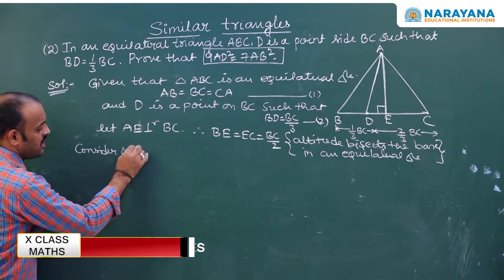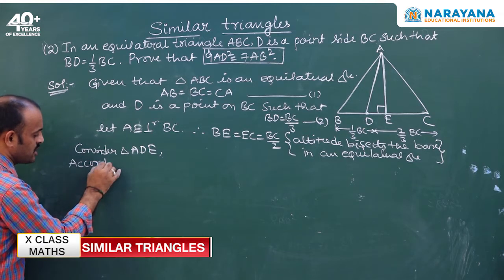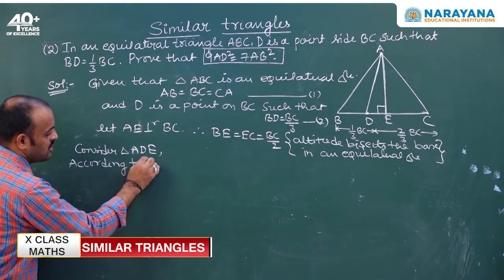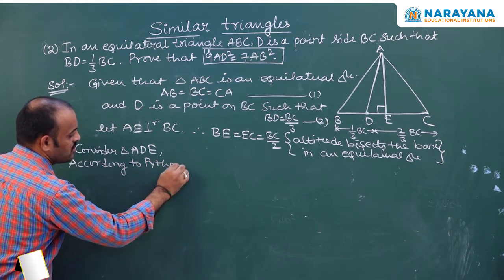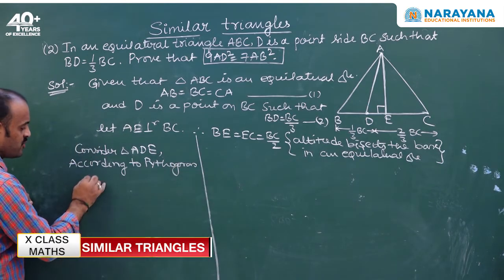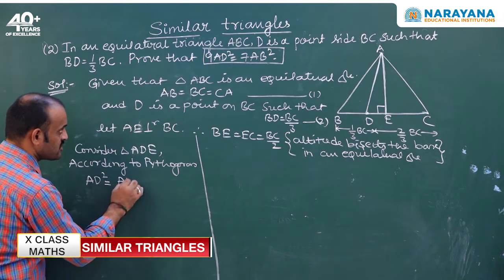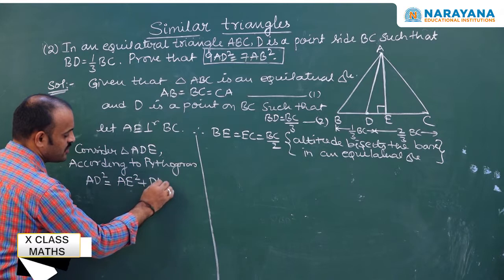Consider triangle ADE. According to Pythagoras theorem, hypotenuse square, hypotenuse here is AD, AD square is equal to AE square plus DE square.